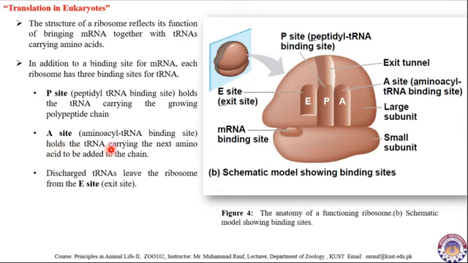The A site holds the tRNA carrying the next amino acid to be attached to the chain. So after the first, the second tRNA, and till the end all the tRNAs will enter this site, and this is the exit site where the tRNA is released.